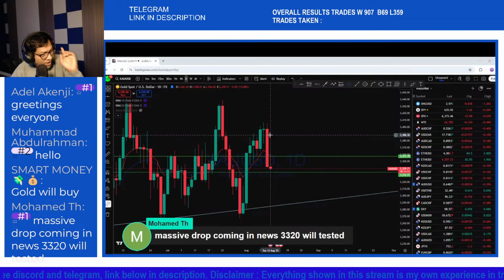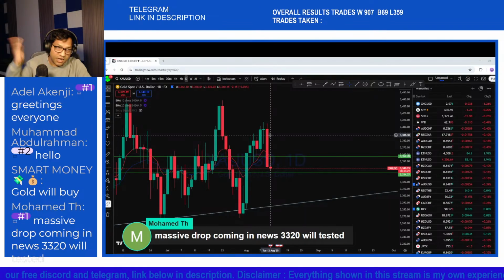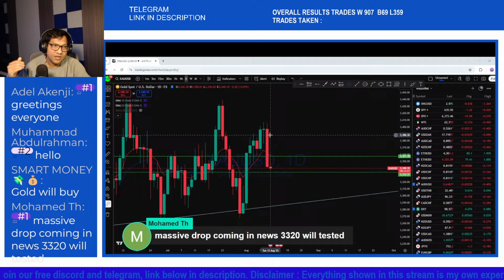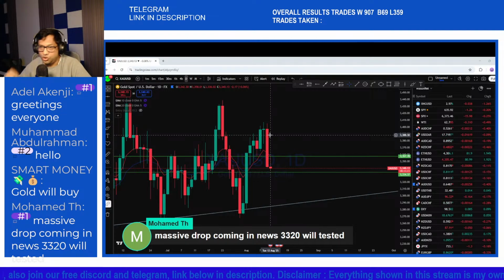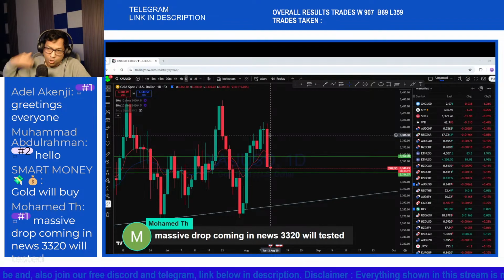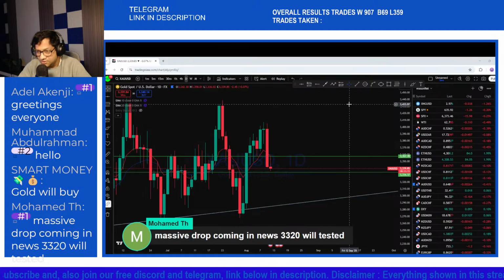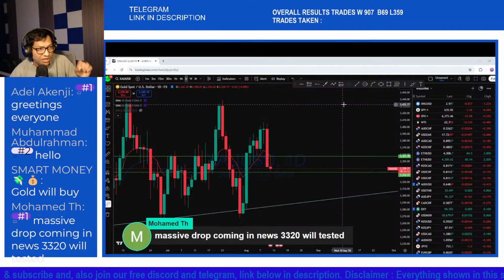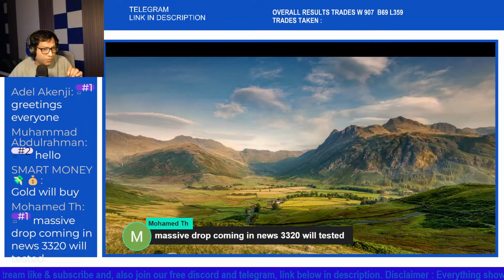When there is data, you'll see that a day earlier the market shows the reflection. That's also a very important price action that you can look at before the news, because when there is an event, the market moves before the event. That's the smart way to look at the market.